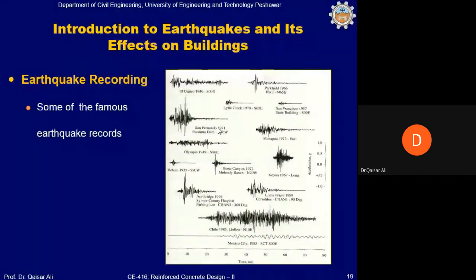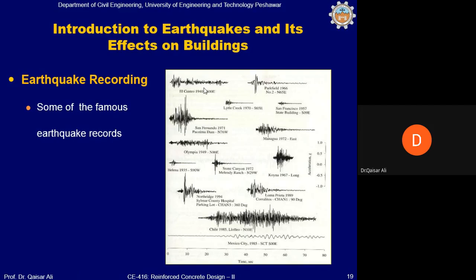These are some famous earthquake records around the world. This is one of the famous records on the top left, which is called the El Centro 1940 record, southeast component. This is one of the most used records because the digital data of this record is available.